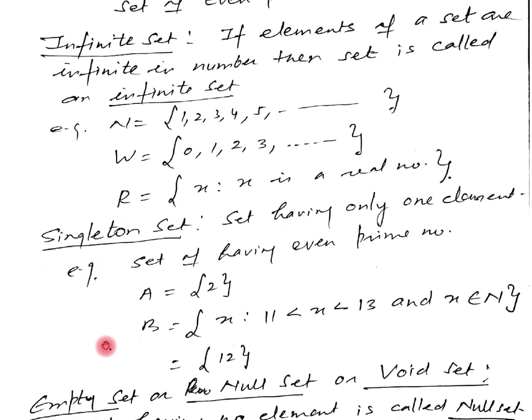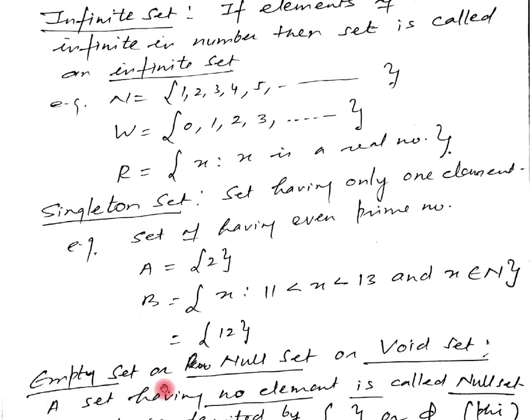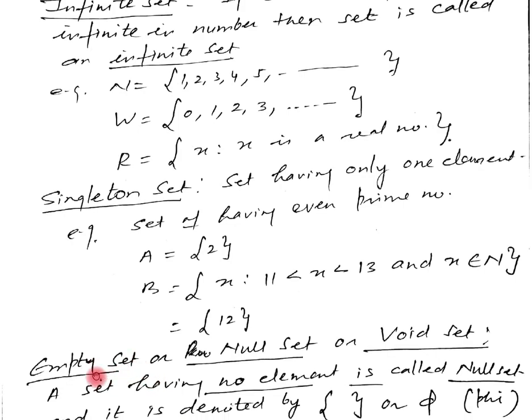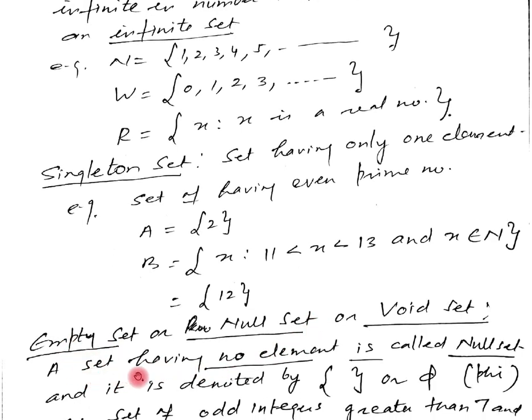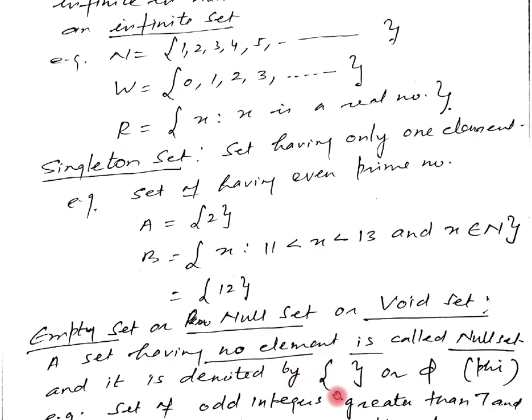Similarly, the most important set is the empty set, or null set, or void set. These are the three names given to this set. As the name indicates, an empty set means a set having no element. It is denoted by just putting curly brackets and showing no element in the set.